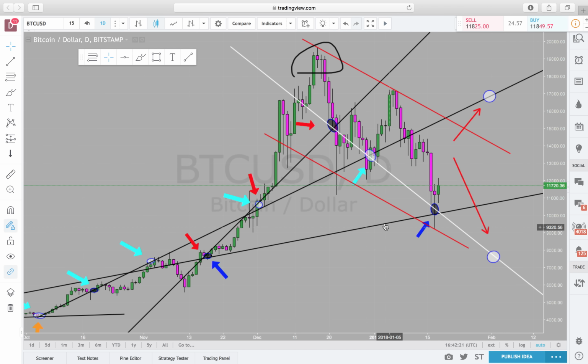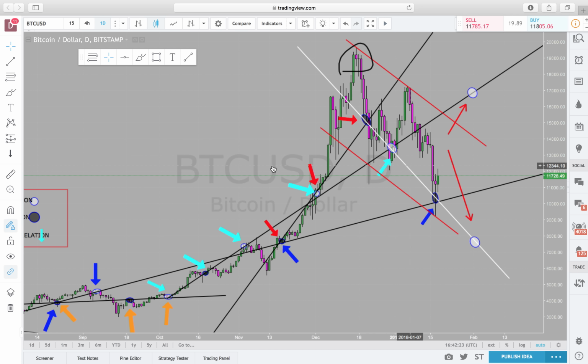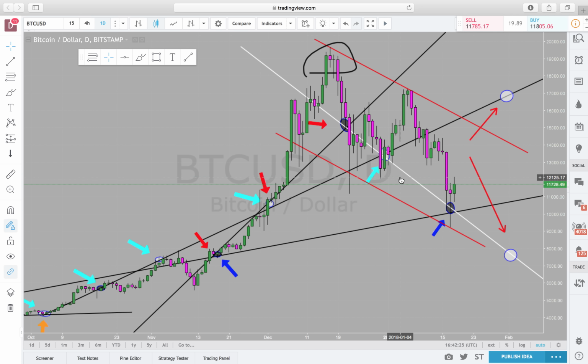But not to get too confused, the daily structure that we see here and how the propaganda in the news was just all over Bitcoin, telling you to buy and just going crazy when it was at $19,000 and $20,000.